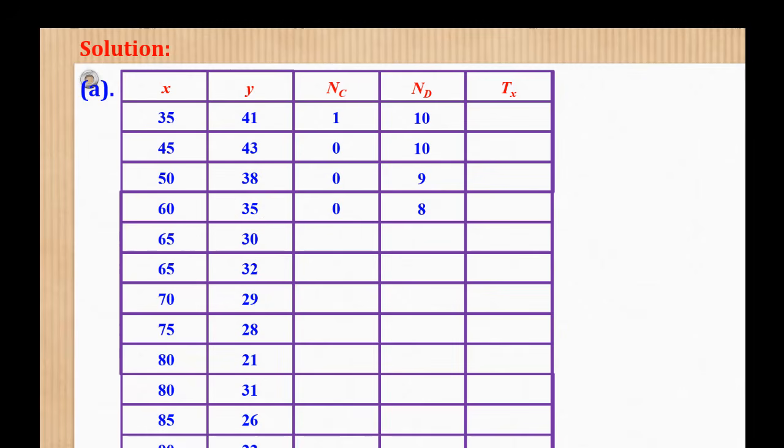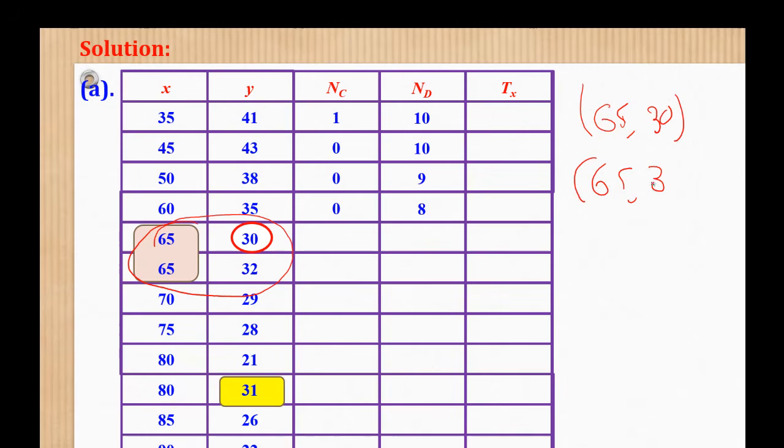When we go to 30, now here, you remember what I told you? Let me first deal with these two. 65 and 30. Then below it, there is 65 and 32. What do we do about those two pairs? This is bigger, but we cannot say it's in agreement.